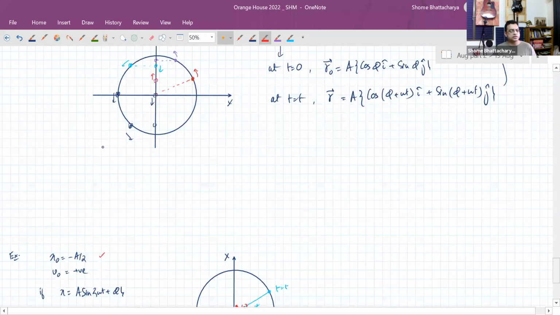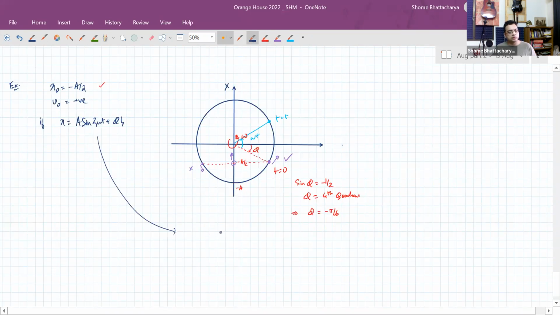So this equation of SHM will become x is equal to a sine omega t minus pi by 6.